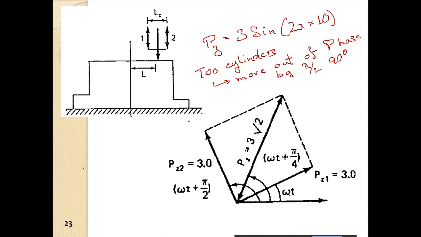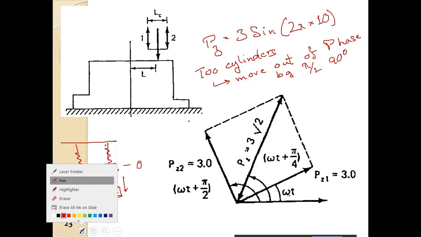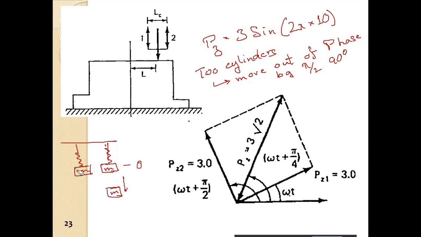So what does that mean? Suppose we have two masses. One is hanging by a spring, M, and one is hanging by another spring, M. Moving out of phase means when this mass is at its maximum displacement, this mass is at its zero position. When this mass comes down to its maximum position, this mass moves up to its original position.